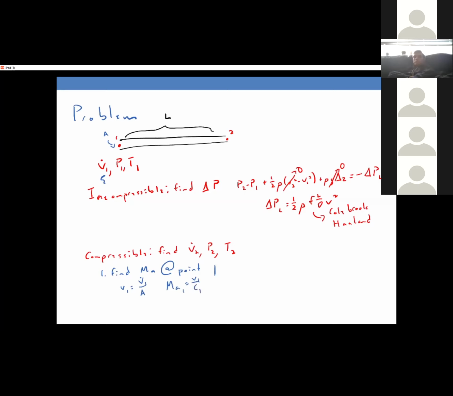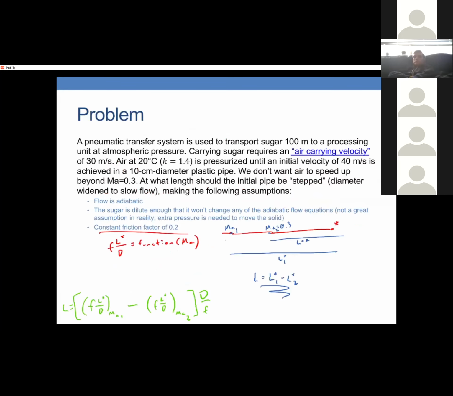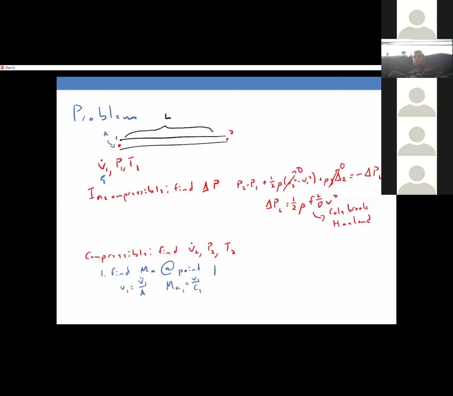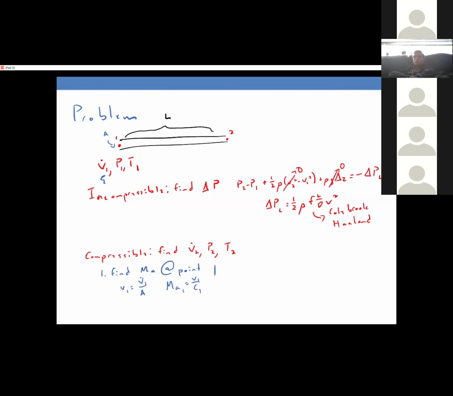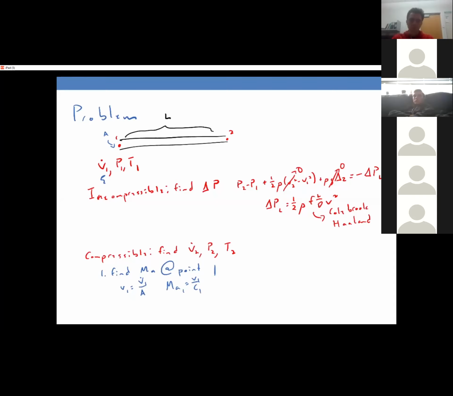So get that at the beginning, and then you have the length, and you can go backwards from the length to figure out what the Mach number has to be at the end, and you might need to use a solver for that. Okay. Wait, how did you say we get the length? Well, I tell you the length in the problem. Oh, okay.